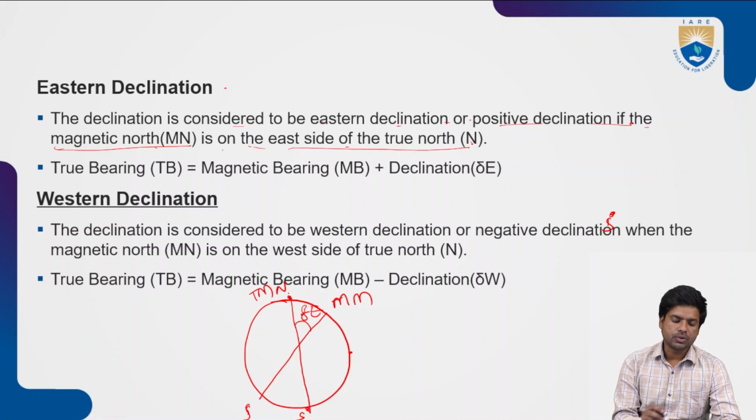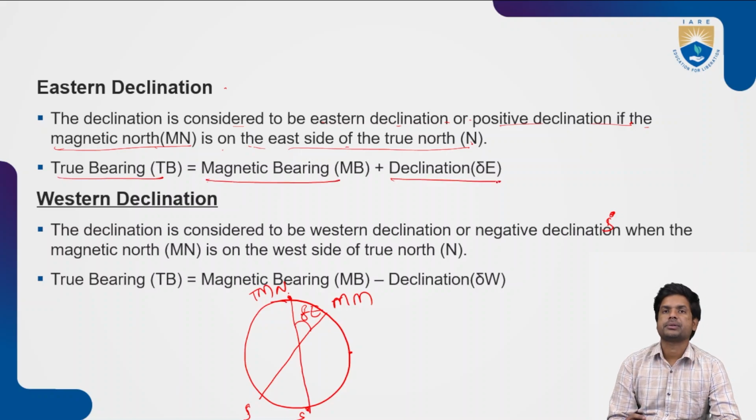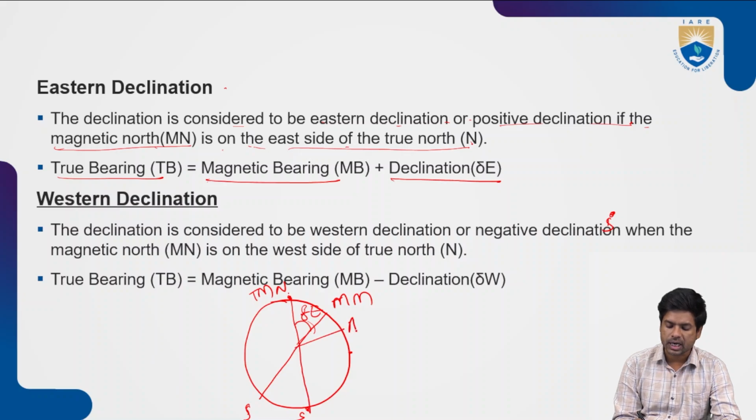Suppose you want to find the true bearing of a line. The formula is: true bearing is equal to magnetic bearing plus declination. Suppose you want to find the true bearing of line A. This is the angle made with the magnetic meridian, some angle alpha.